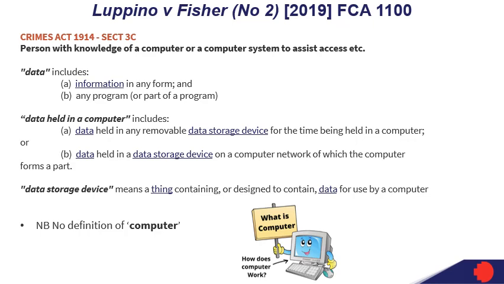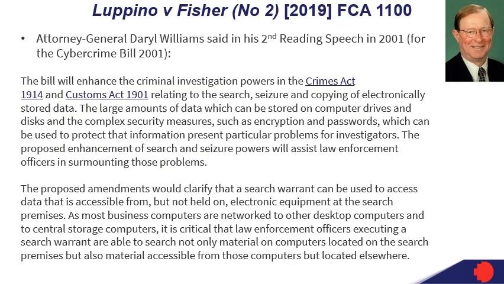So the note here, the Crimes Act does not define a computer, which we will see is one of the main issues in this case, because there's no definition of a computer. So this cybercrime bill, which became the Cybercrime Act 2001, was introduced by Attorney General Daryl Williams, who was one of the Attorneys General in the Howard government.